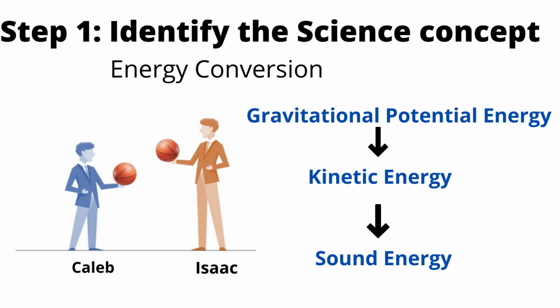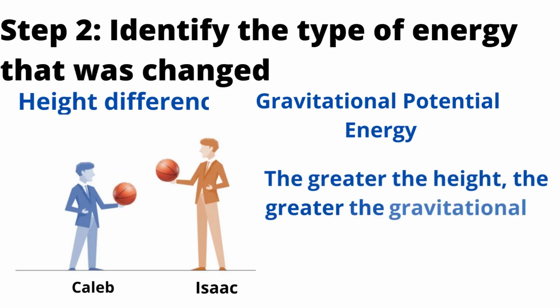Frictional force results in heat energy. But we're not going to focus on that because the question is clearly just asking about sound. Once we get this clear, let's look at the next point.